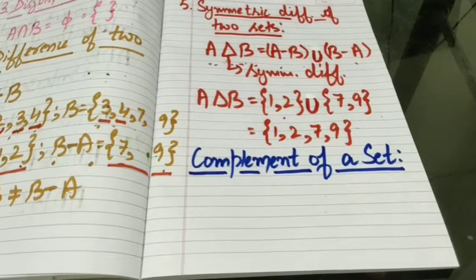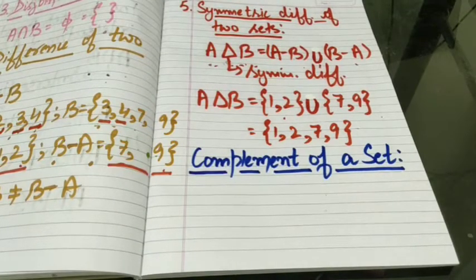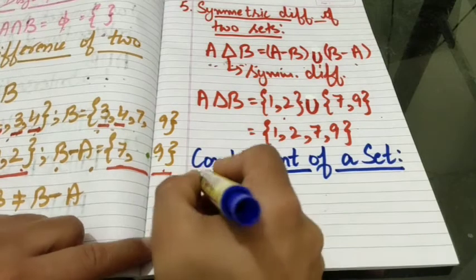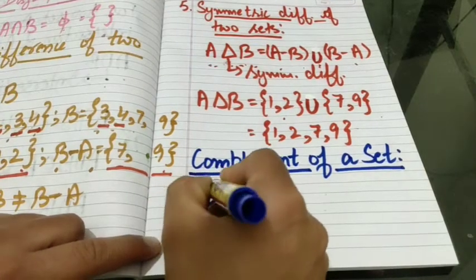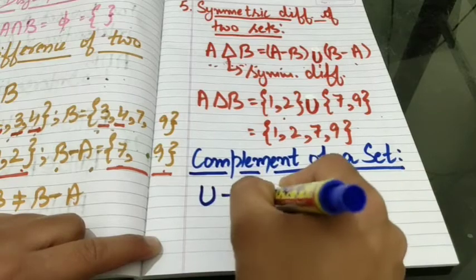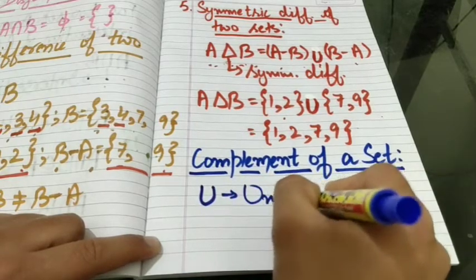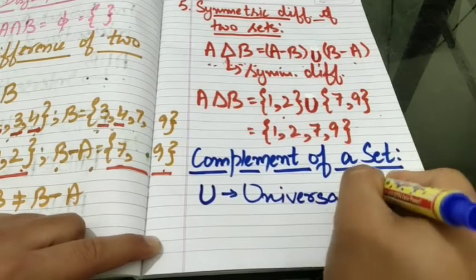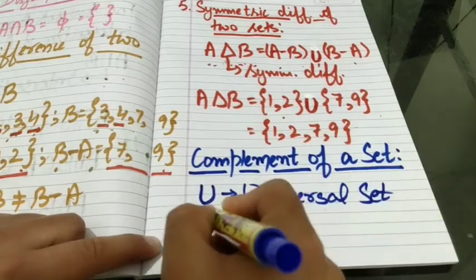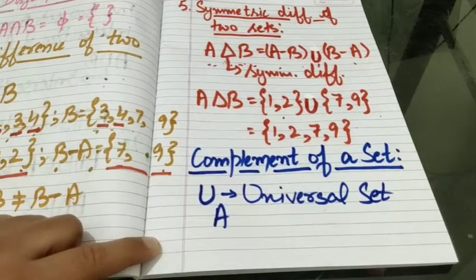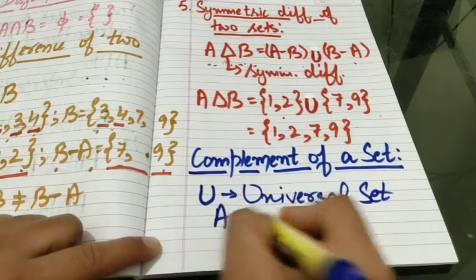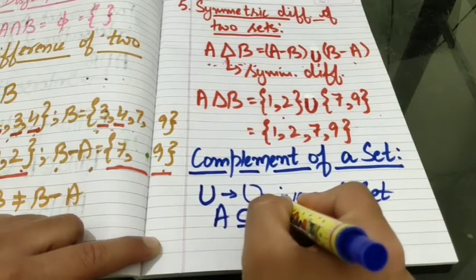Students, now our next thing is complement of a set. Let U be the universal set. And let A be any set such that A is subset of universal set.